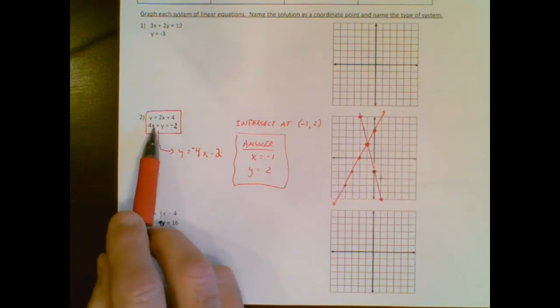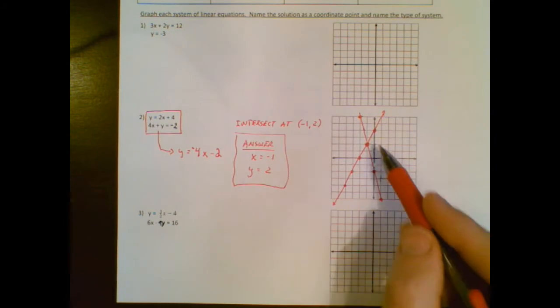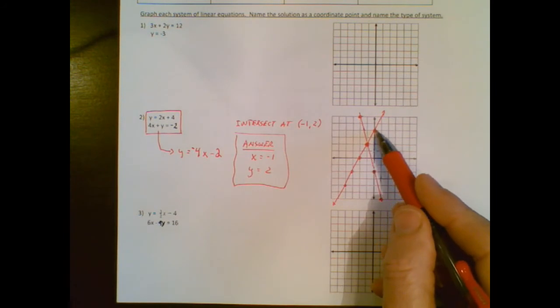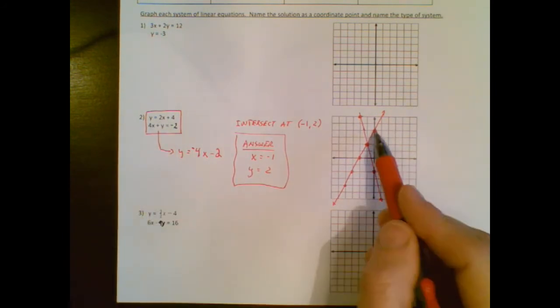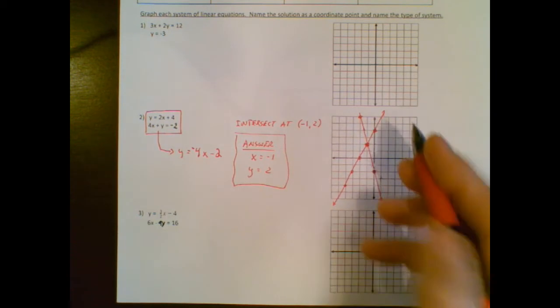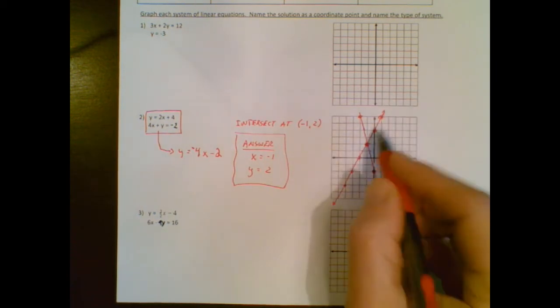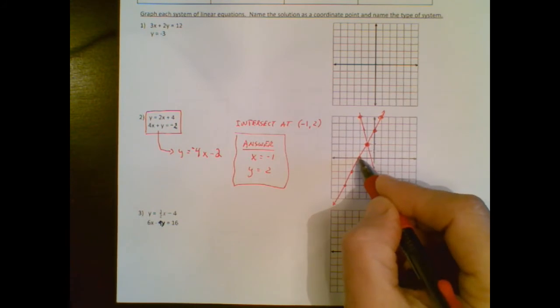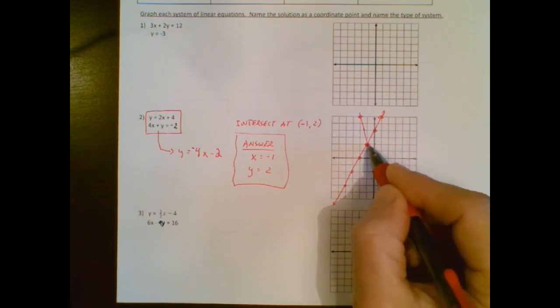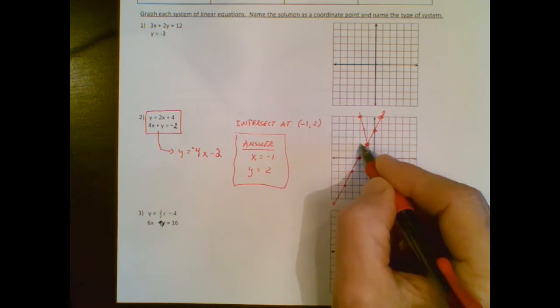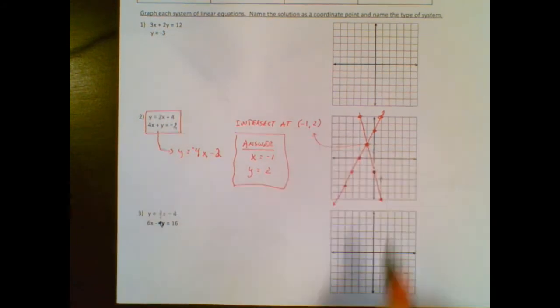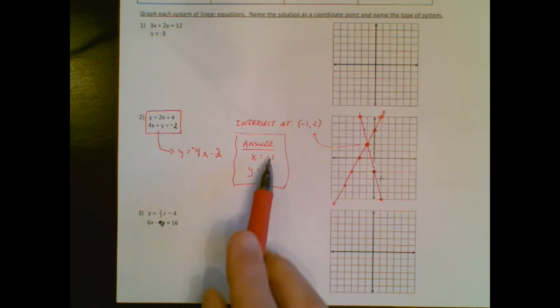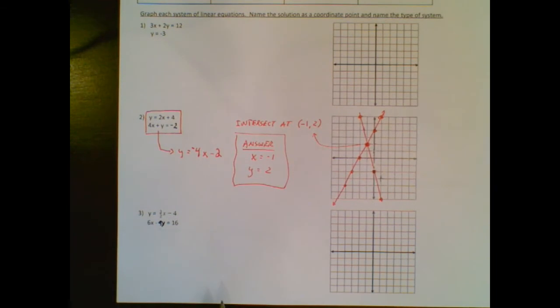When I look at this other one, y equals 2x plus 4, the y-intercept is 4. The slope is 2, which means I could go up 2 over 1. Or I could go negative 2, negative 1, negative 2, negative 1. Well, if I'm careful about it, I find that spot, that's the intersection spot, negative 1 comma 2. That means my answer is negative 1 comma 2. Or sorry, x equals negative 1, y equals 2.